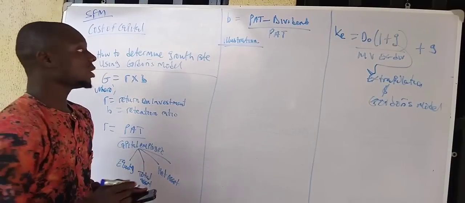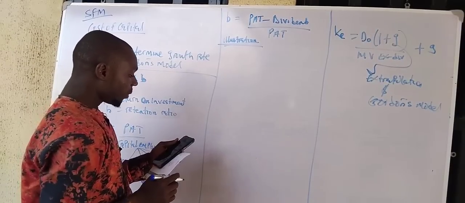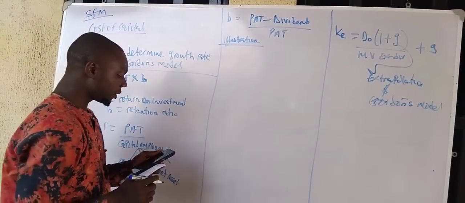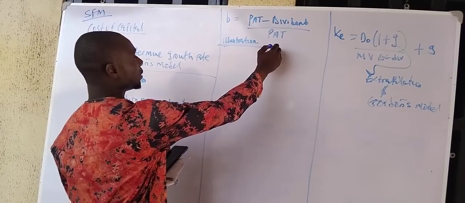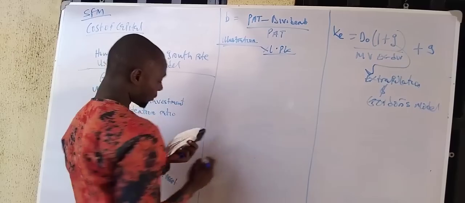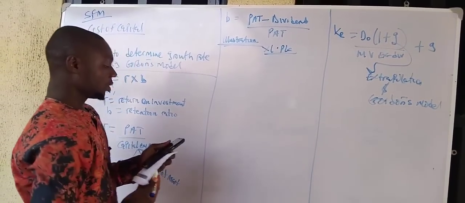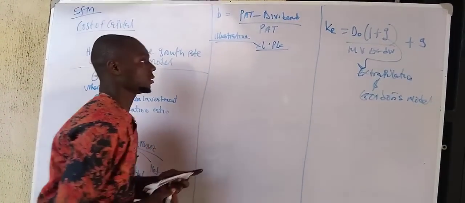Now I have an illustration here showing on your screen. Consider the following summarized financial statement for SL PLC. The name of the company is SL PLC. This question is adopted from ICAN study text.